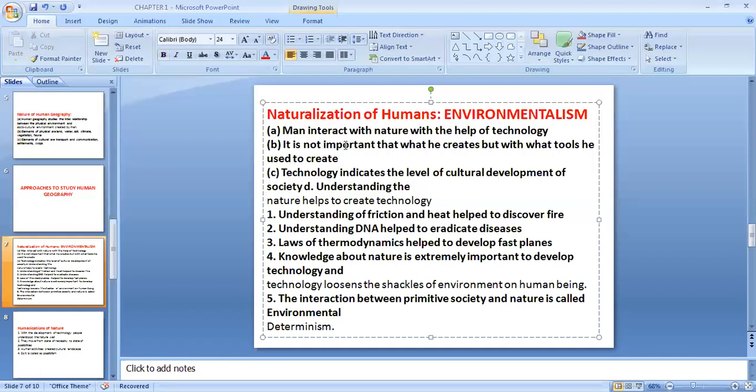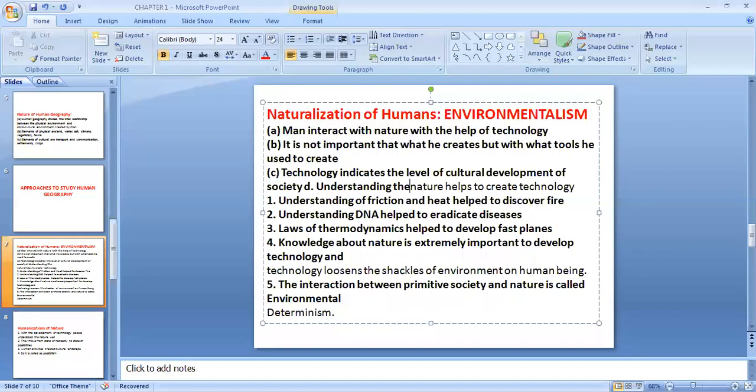Understanding friction and heat helped to discover fire. Understanding DNA helps to eradicate diseases. Laws of thermodynamics helped to develop first plants. Knowledge about nature is extremely important to develop technology.